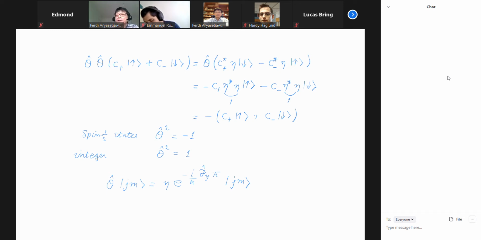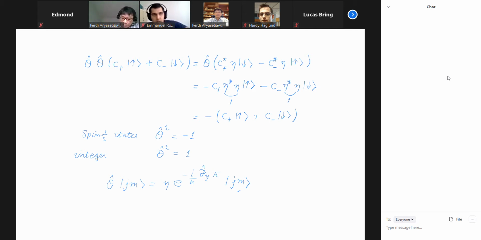This is actually true in general, because we basically reverse the direction of the angular momentum. In this case, we reverse the direction along the z direction because it is an eigenstate along the z direction, so we reverse the direction of the spin.